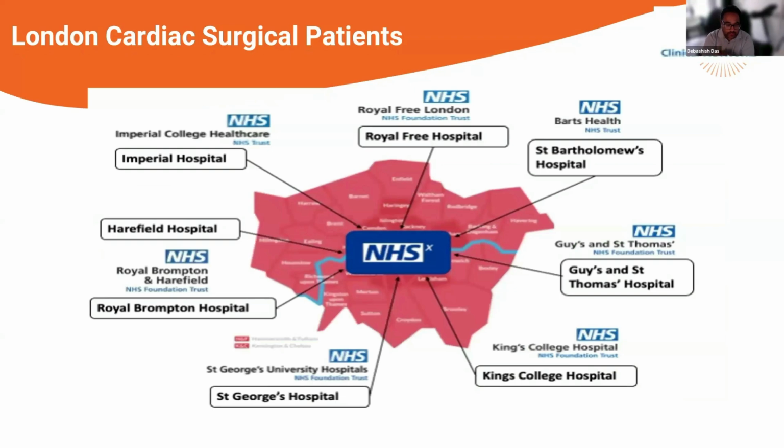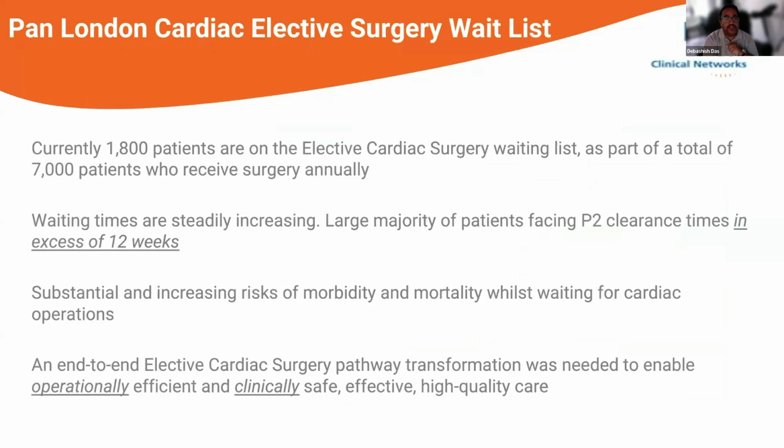I'm just going to give one quick last example of long-term remote monitoring and elective wait monitoring that we are doing pan-London, so across all the cardiac surgical centres. We knew post-COVID that there were excess waiting times for cardiac surgery. We were seeing a shift towards a significant number of unplanned admissions, and therefore our non-elective to elective ratio was increasing.